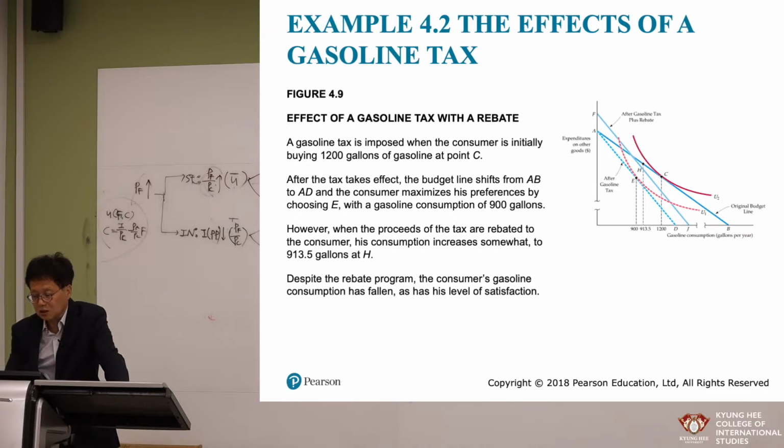His consumption increases, and the new equilibrium point is near here, point H, for example, here. So you can draw a new utility curve like this. Right? Despite the rebate program, the consumer's gasoline consumption has fallen, as has his level of satisfaction compared to point C. Okay? Next slide.